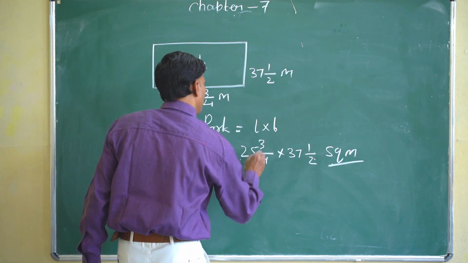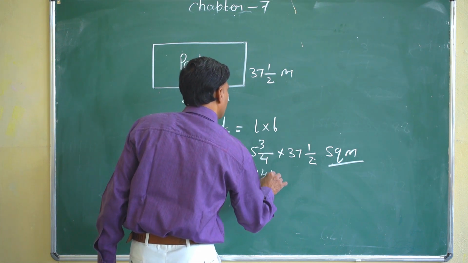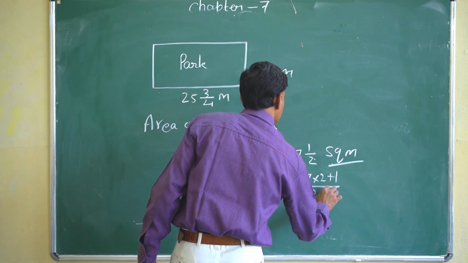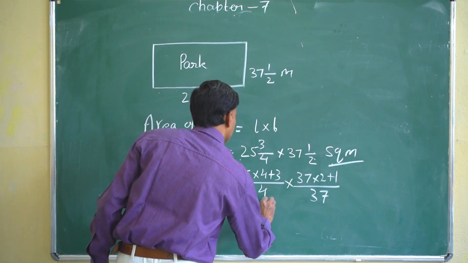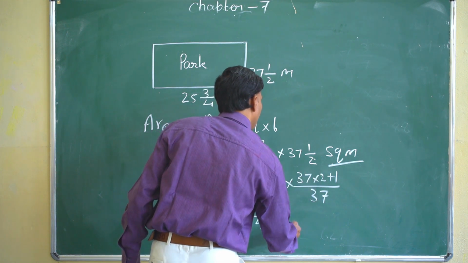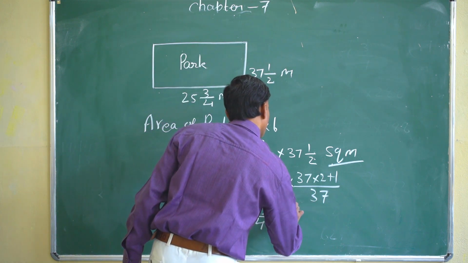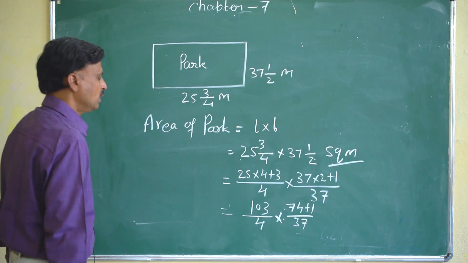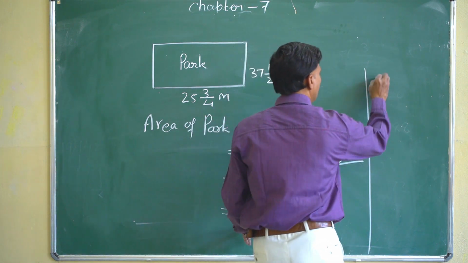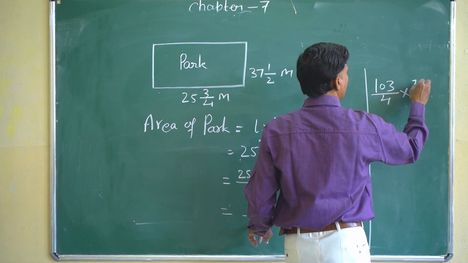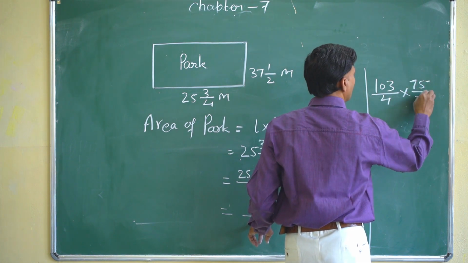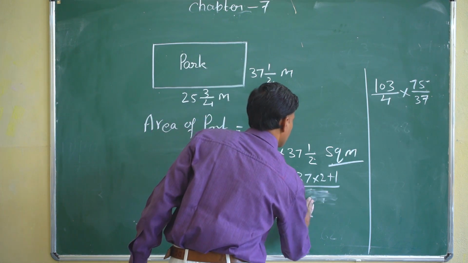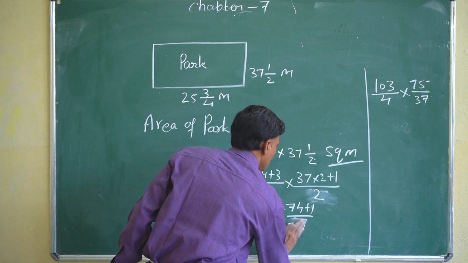We'll convert into improper fractions, that is 25 multiplied by 4 plus 3 upon 4, that is 103 upon 4, and 37 multiplied by 2 plus 1 upon 2.